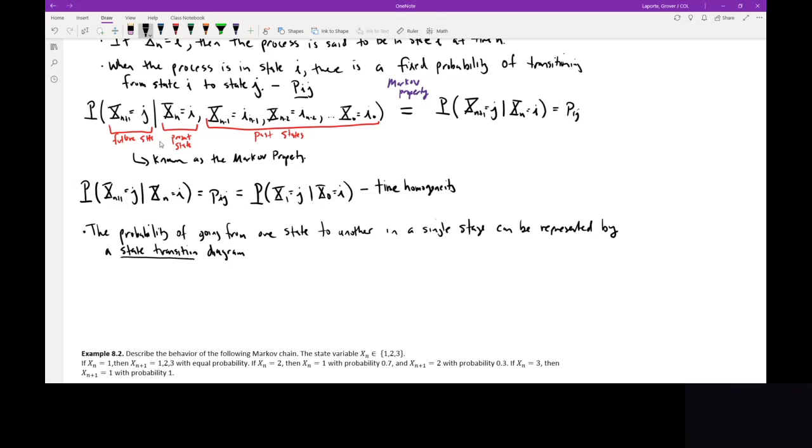A state transition diagram will be very helpful. And the next thing that we can represent is a state transition matrix.